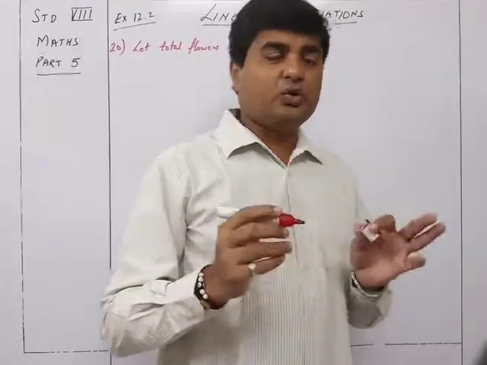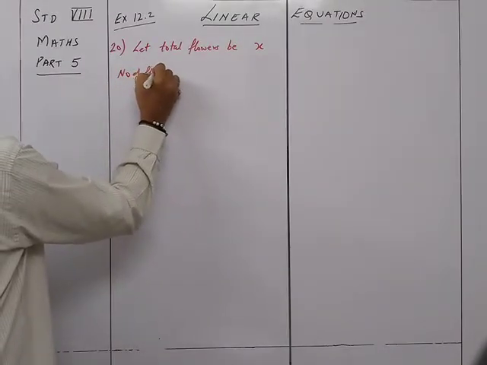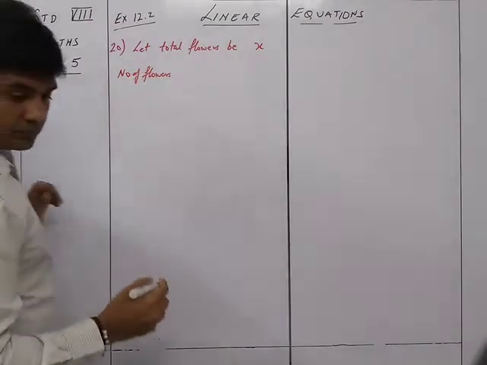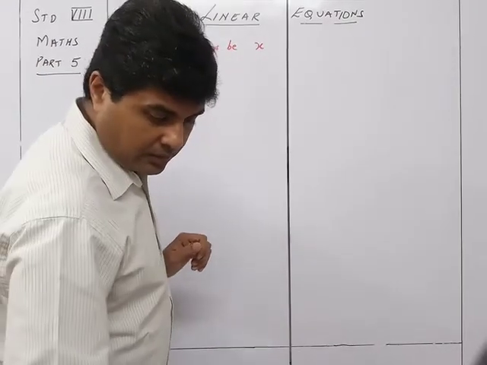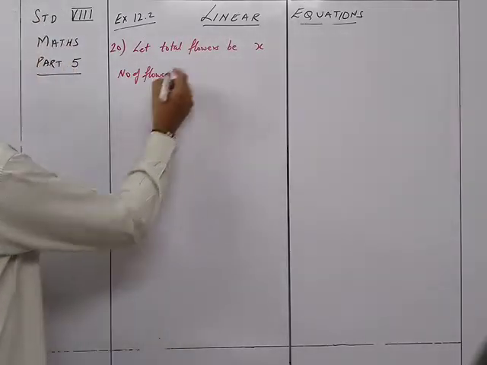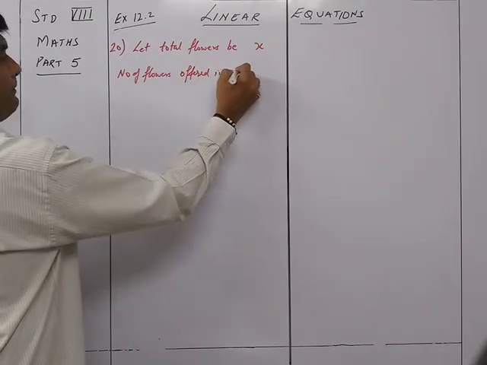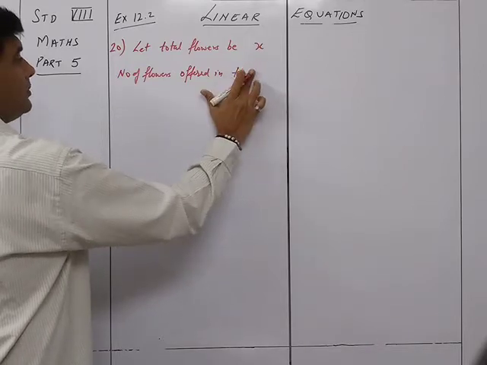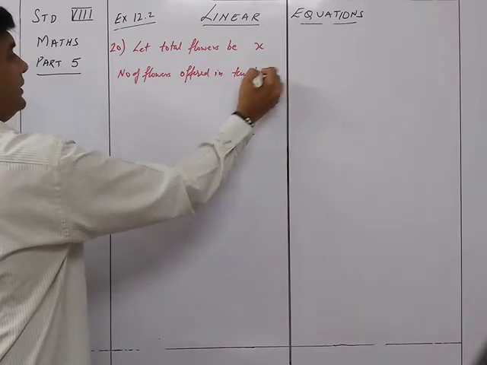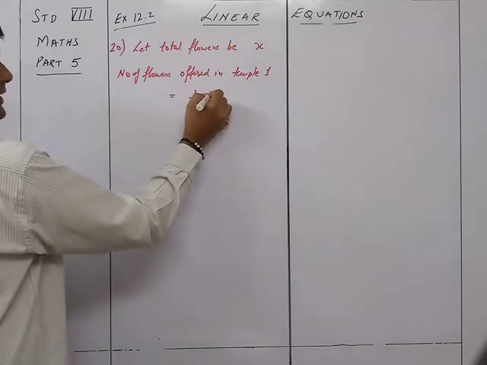So that means when she goes to the first temple, number of flowers offered in temple 1 is equals to half of whatever she was having. So it will be half of x.